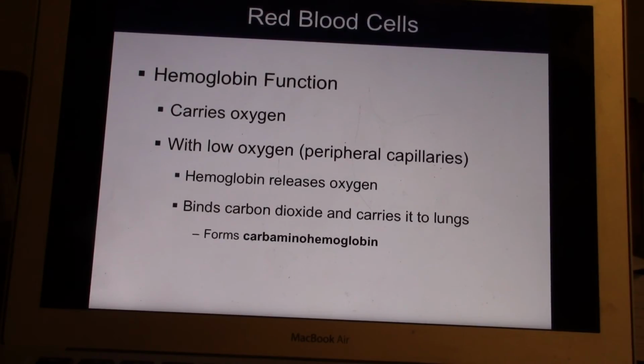Carbon dioxide, when it hooks onto the hemoglobin, we call that structure carbaminohemoglobin. I love that word, carbaminohemoglobin. But then once it gets back to the lung, it dissociates from the carbon dioxide. The carbon dioxide is breathed out. You breathe in more oxygen. The oxygen takes its place, and it's carried out as oxyhemoglobin out to the periphery.